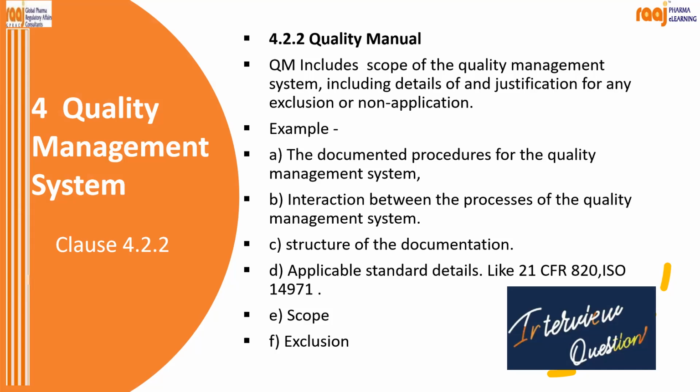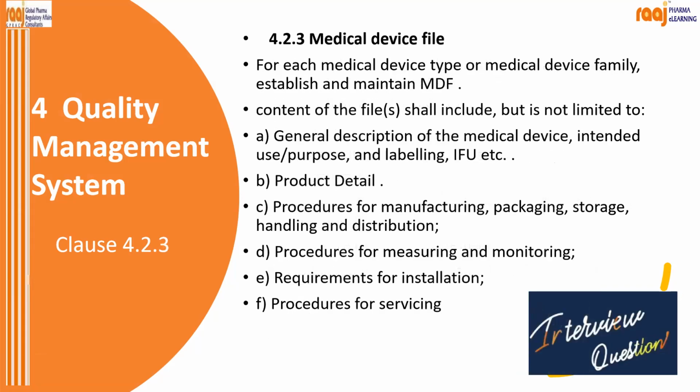In the quality manual, you have to write down the documented procedure for QMS, interaction between processes of QMS, structure of documentation, applicable standard, then scope and exclusion criteria. So everything you have to write down under the quality manual.